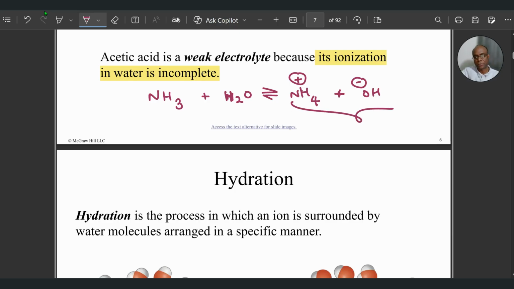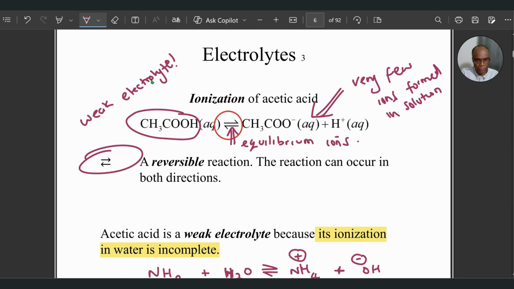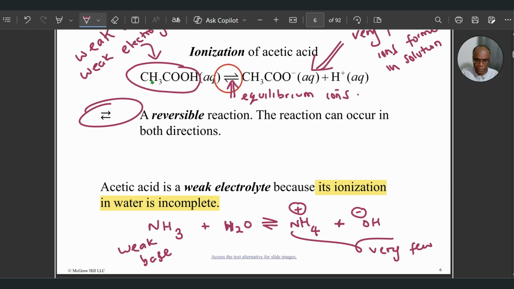So again, these will be very few, which is why I told you weak acid or weak base. Weak acids or weak bases are always forming solutions that are weak electrolytes. Ethanoic acid is a weak electrolyte because it's a weak acid. It's a weak acid because it partially ionizes in water to give you few H+, protons.